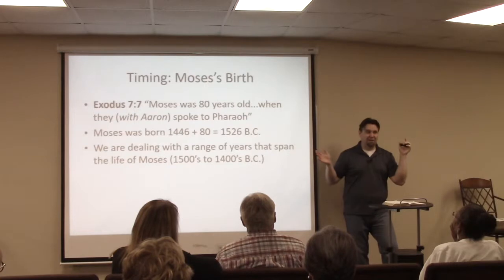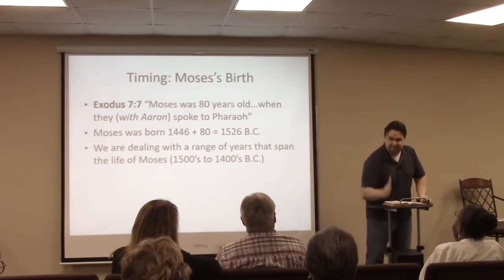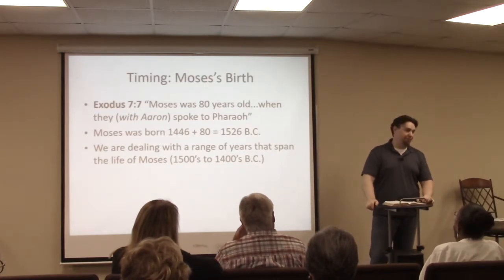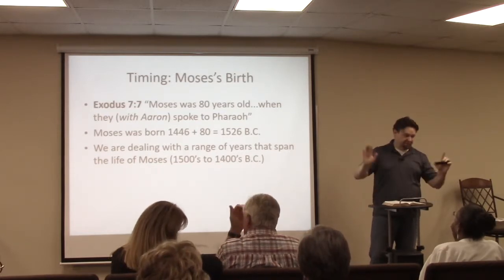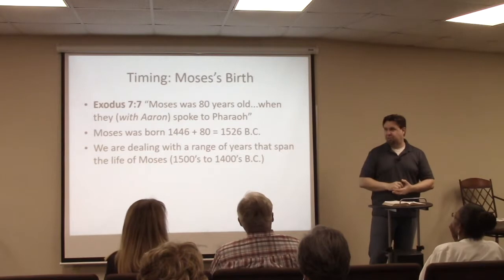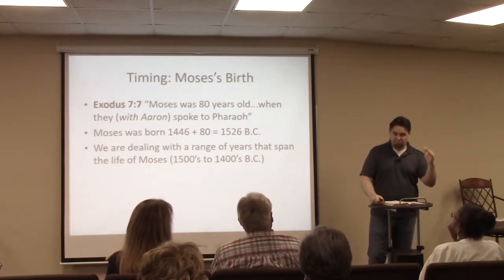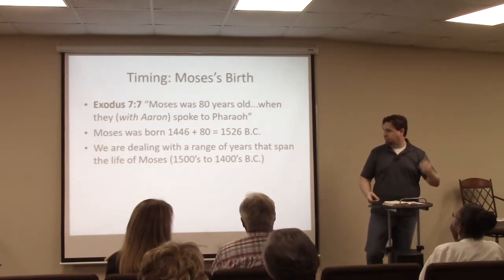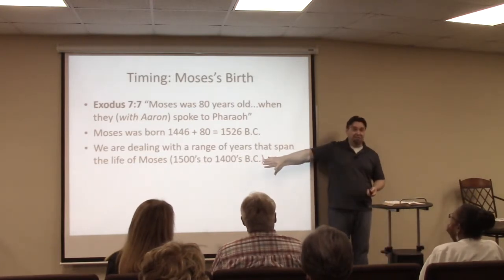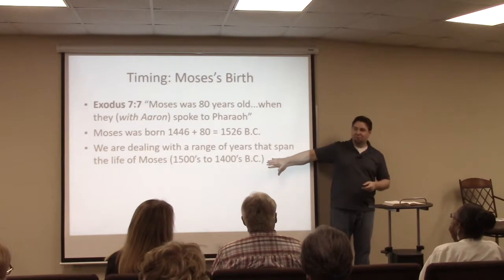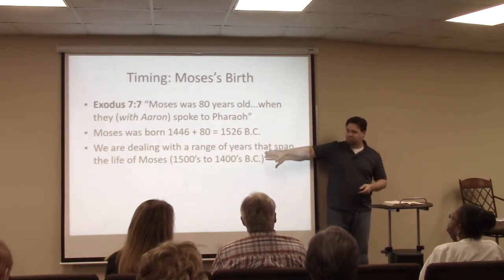I don't want to say, no, it has to be this date, because there's wiggle room, because of the issues around it. But for the sake of looking at a number, I'm going to use definite numbers. But there's wiggle room, maybe 20, 30, 40 years and all that. So if the circumstances are in this range, then it's going to start to look pretty good.